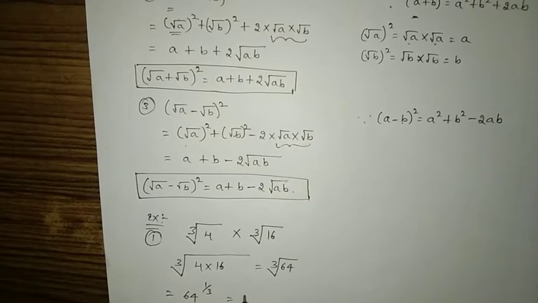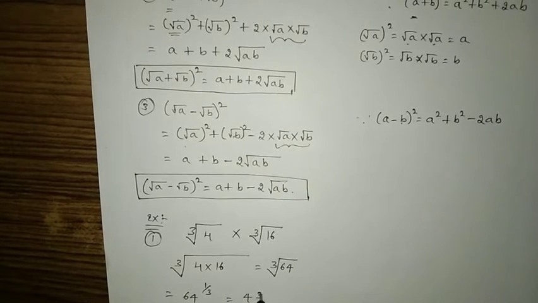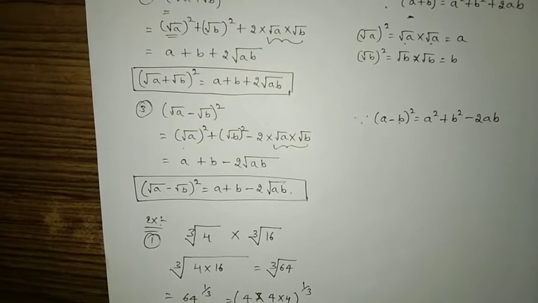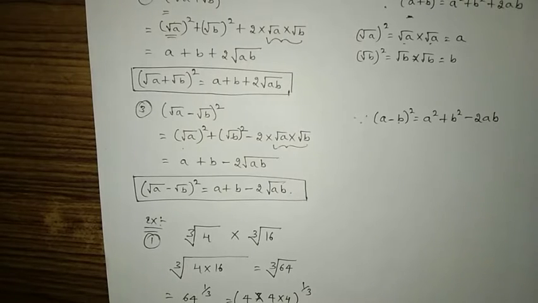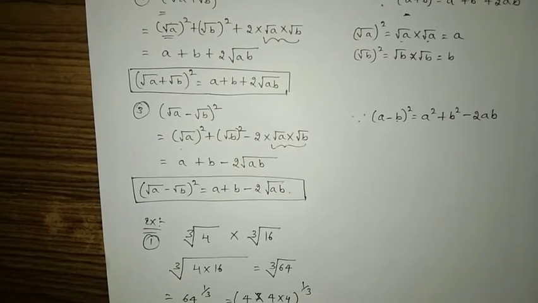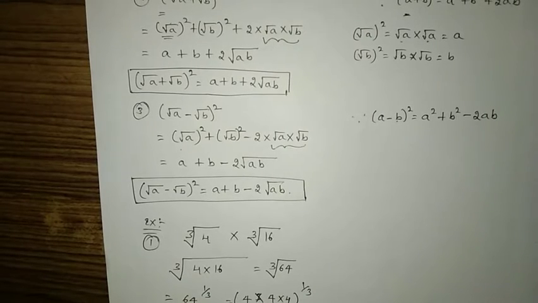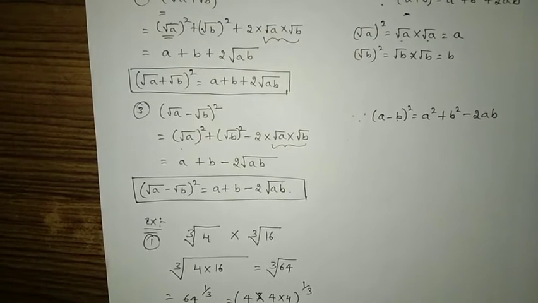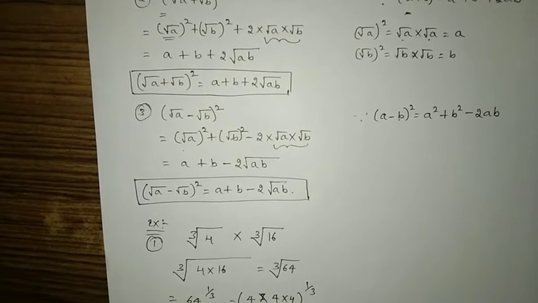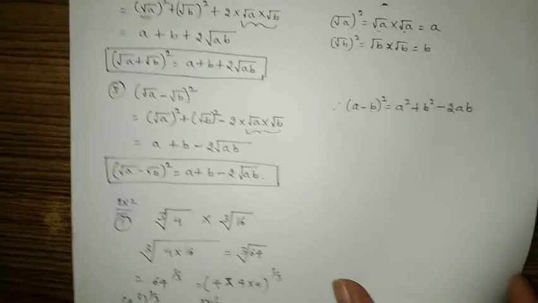So this can be written as (4 into 4 into 4) to the power 1 by 3. This becomes (4 cube) to the power 1 by 3. Take 3 outside the bracket, that becomes 4 to the power 3 into 1 by 3. The 3s cancel, and we end up with 4. This is the first problem.